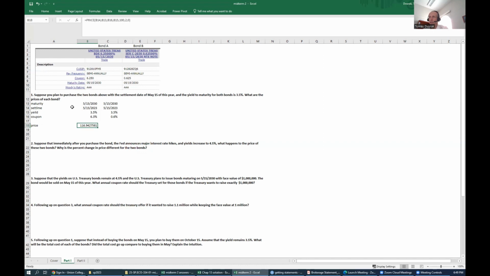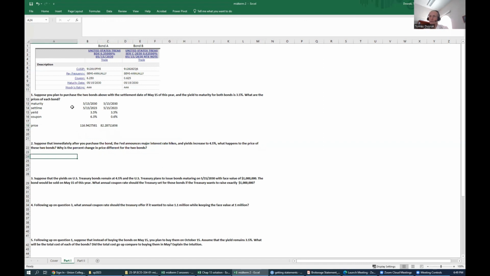Let's leave it at that. And Control R. The first bond sells at a premium, $116, above par because its coupon is higher than the yield. The other bond has a tiny coupon, so it sells at a discount, $82.